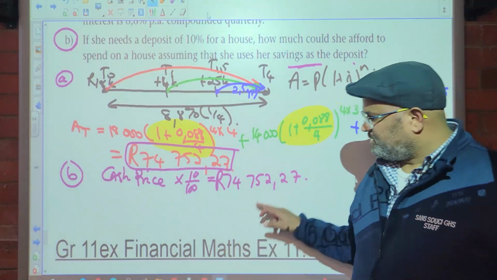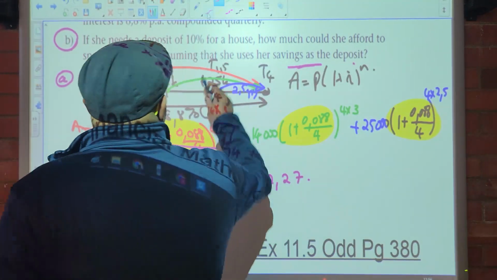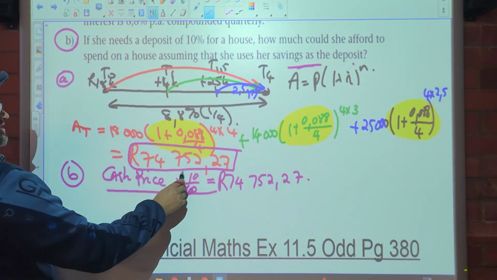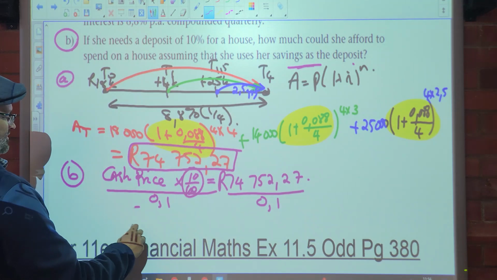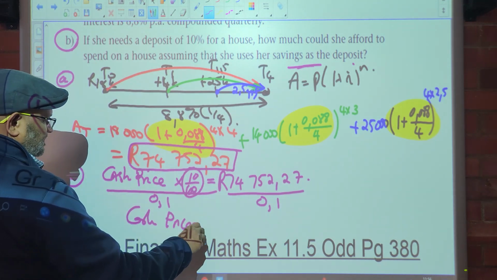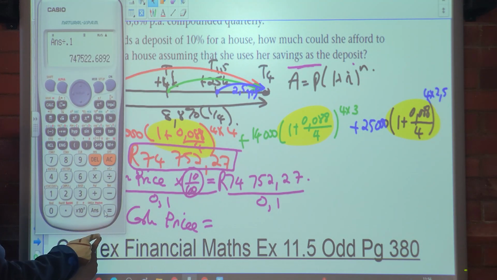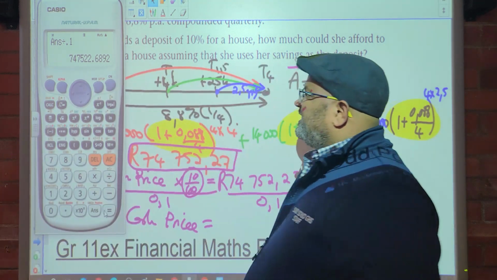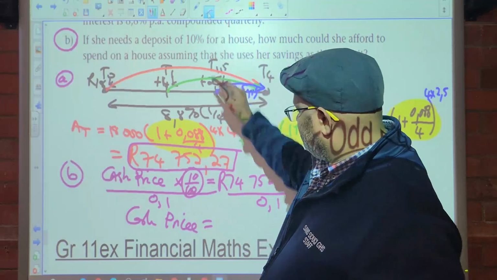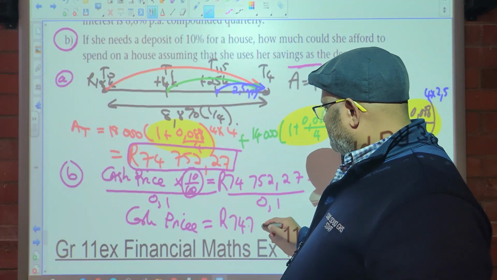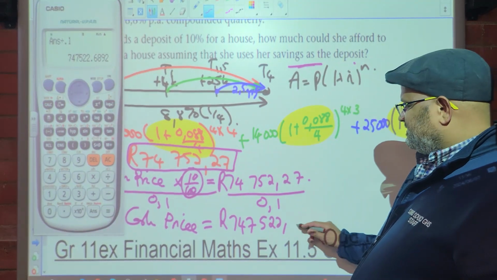Okay. You all with me there? So how do I get the cash price on its own? I divide both sides by 10 over 100, which is 0.1. So the cash price is going to be the answer divided by 10 over 100, or 0.1, which gives us 747,522 Rand and 69 cents.